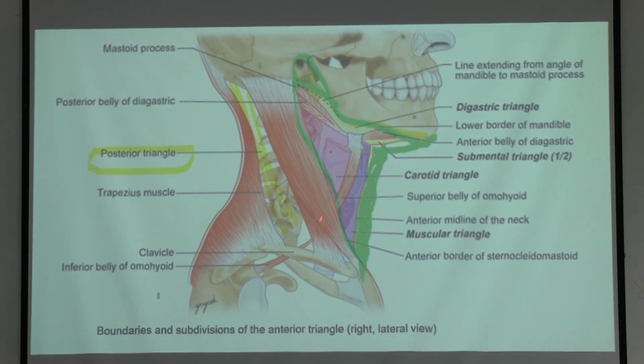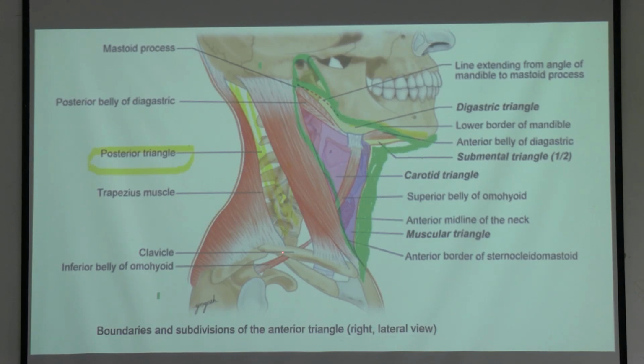Again, this omohyoid muscle and the digastric muscle, they have got two bellies. This is the anterior belly of the digastric muscle. This is the posterior belly of the digastric muscle. And in between we get a central tendon, which is attached to the hyoid bone.